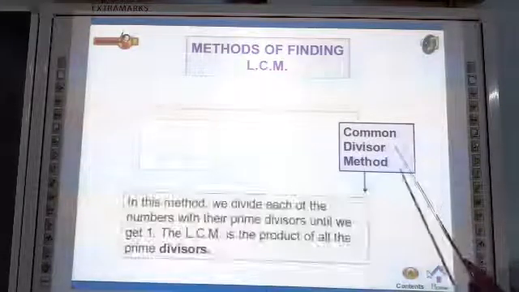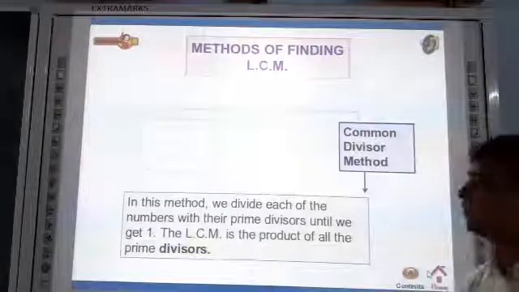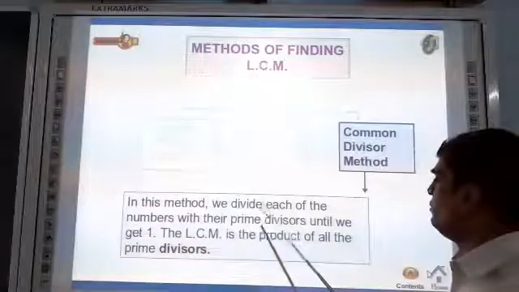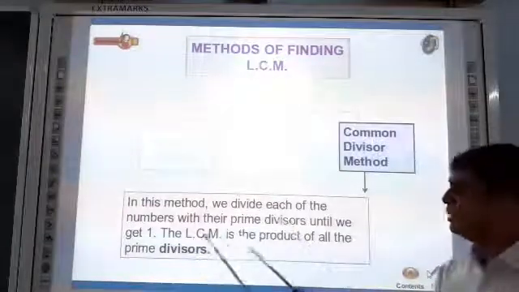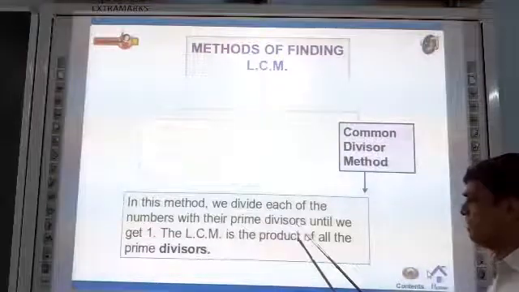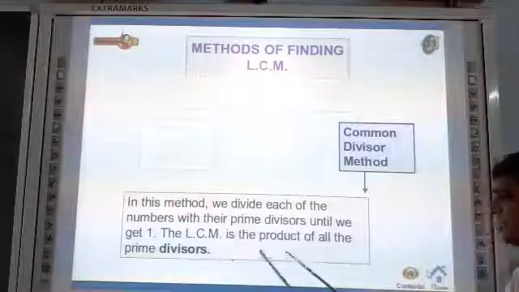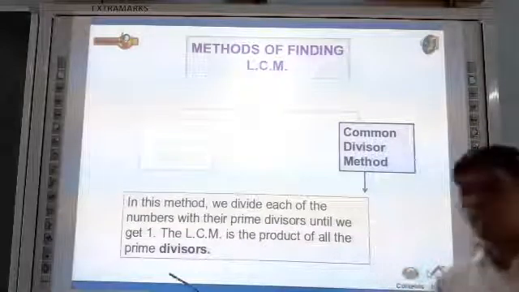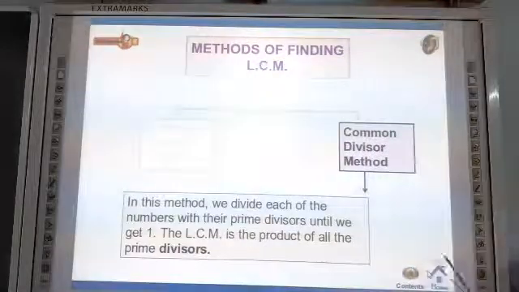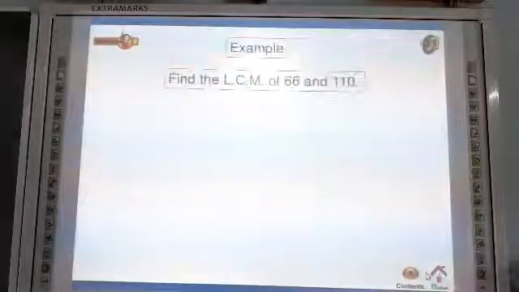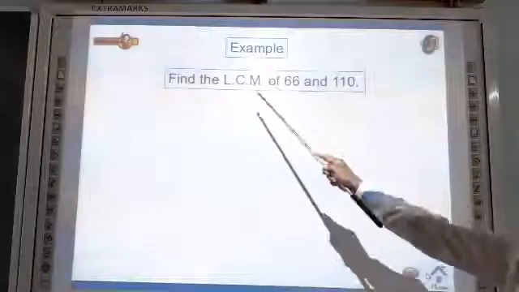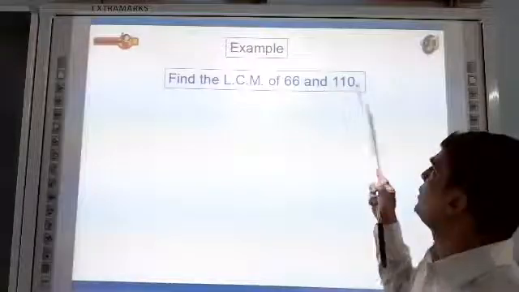Last is the common divisor method. In this method we divide each of the numbers by their prime divisors until we get 1. The LCM is the product of all the prime divisors. For example, find the LCM of 66 and 110.